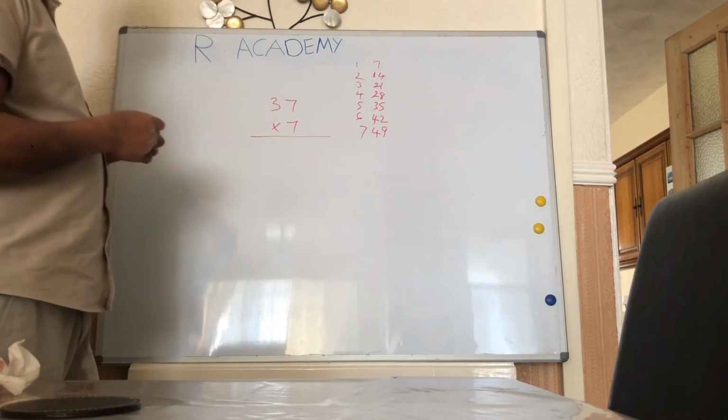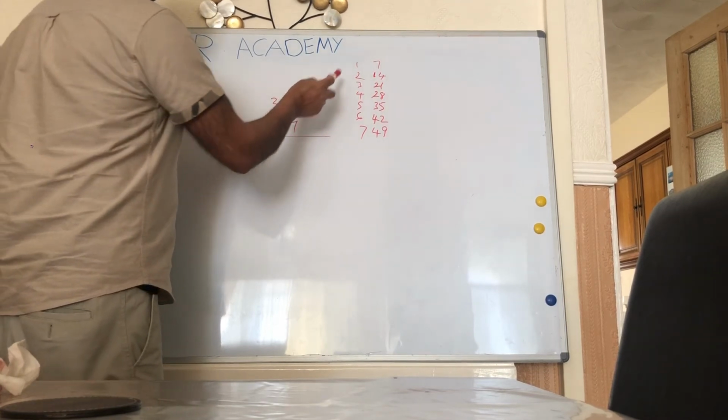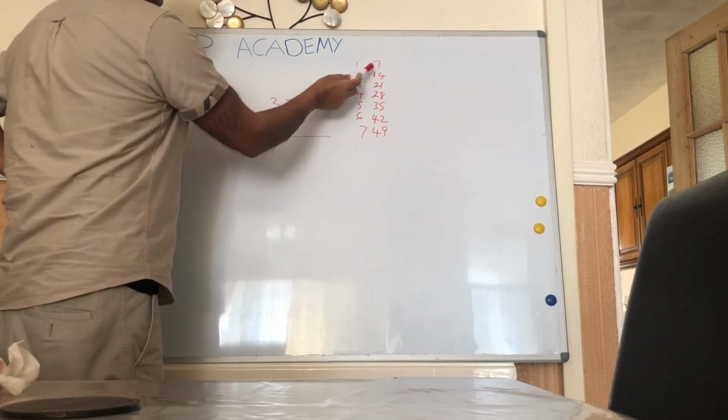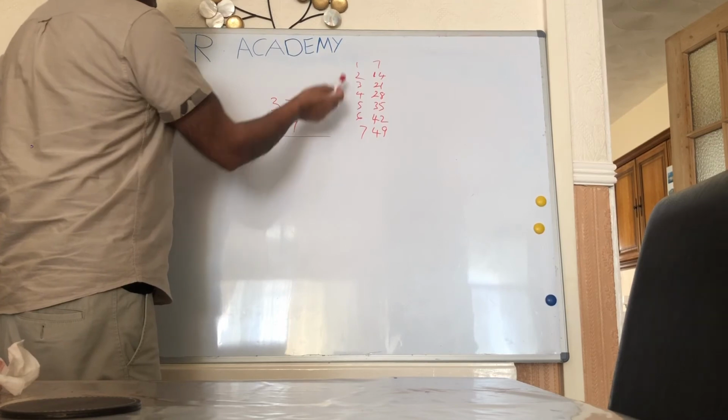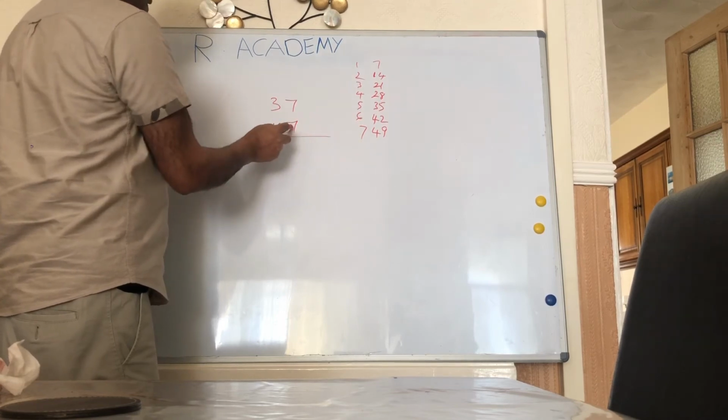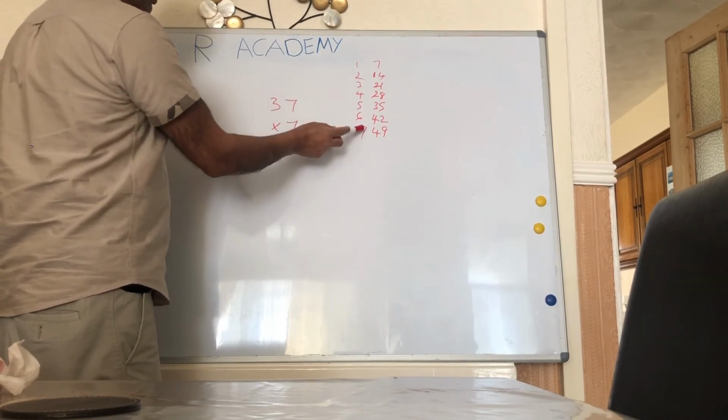So you know now that 1 times 7 is 7, 2 times 7 is 14, and so on. So you come down to a number here which relates to that. So it's 7 times 7, so it'll be this one.